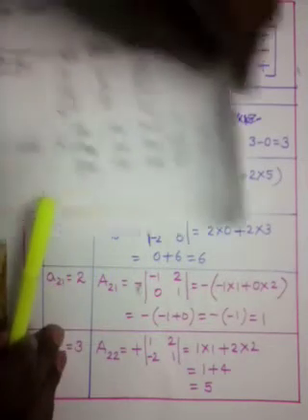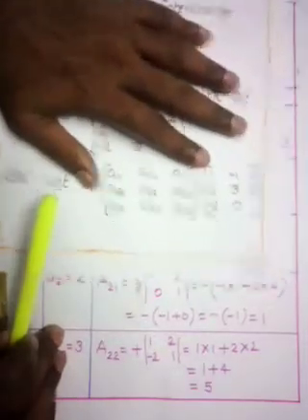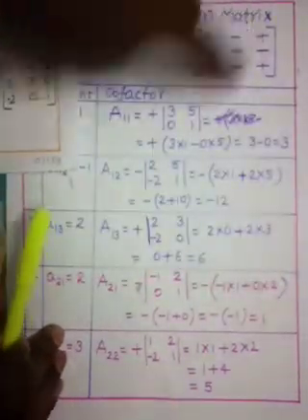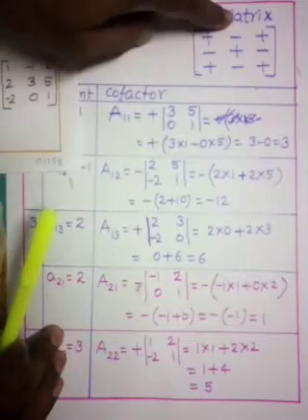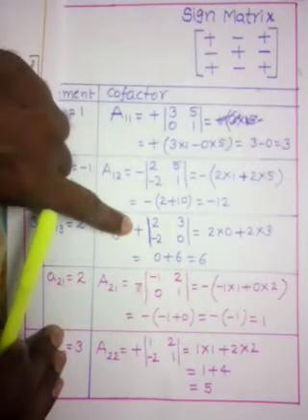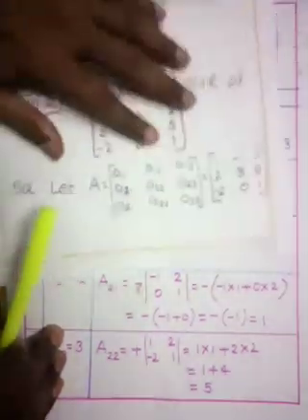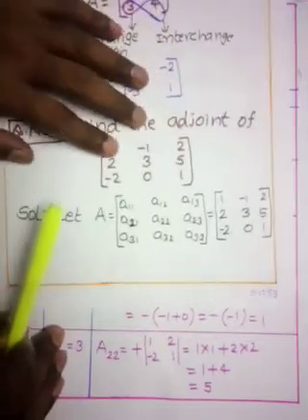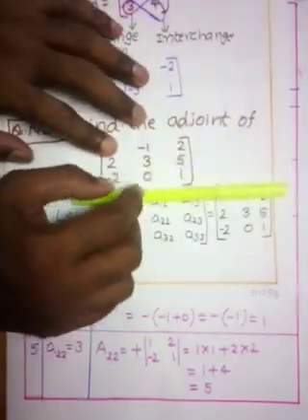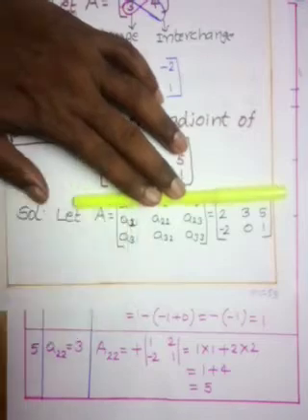The third element is 2. So what is the sign here? Plus. Keep here plus first. From the sign matrix, write here plus sign. After that, close that row and column in which that element lies. So this lies in the first row and third column. Then what submatrix do you get here? [2, 3; -2, 0].